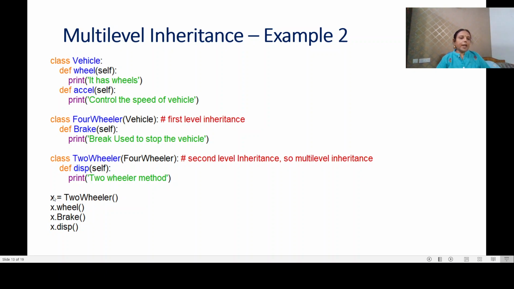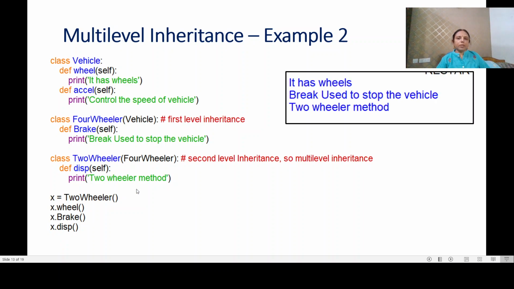This object can access all the functions. It can access the wheel, the accelerator function, the brake function as well as its display function. In this case we have accessed the wheel function, so it will print it has wheels, and it has accessed the brake function, it will print used to stop vehicle, and in the display it will print the two wheeler method. So this is the output you will get.